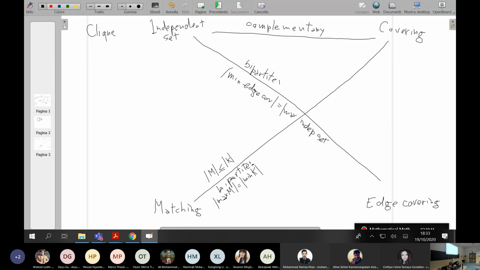And also here that alpha prime plus beta prime equals n, and also here alpha plus beta equals n.